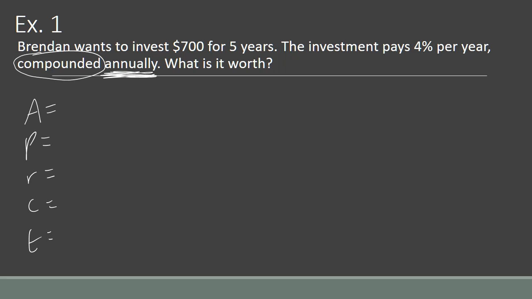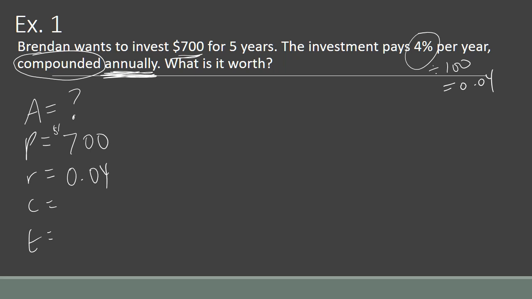So we want to know what it's worth. What's the final amount? P is principal. It tells you in the question. He invests $700 to start. The interest rate tells you right here. And don't forget, R is not 4. It has to be as a decimal. So if you have forgotten, don't forget to divide by 100 to get 0.04.